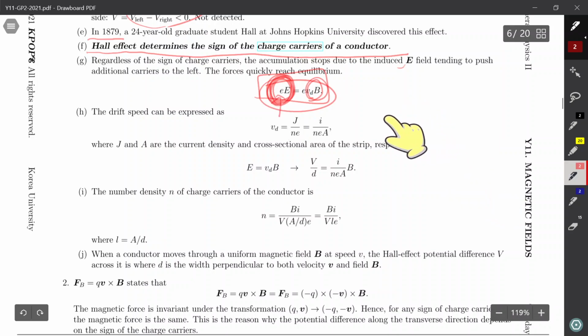So from this we can substitute the drift velocity. The drift velocity is the current density per number density times the electron's charge, and the current density is the current divided by the cross-sectional area. We can substitute this drift velocity into this expression.